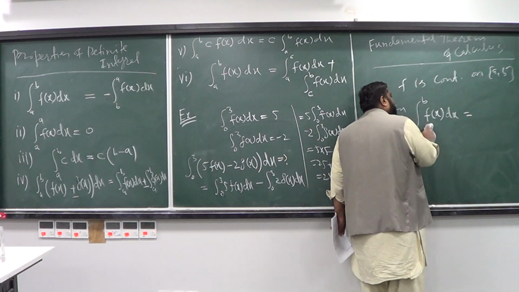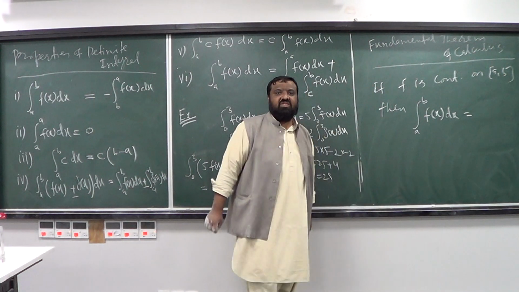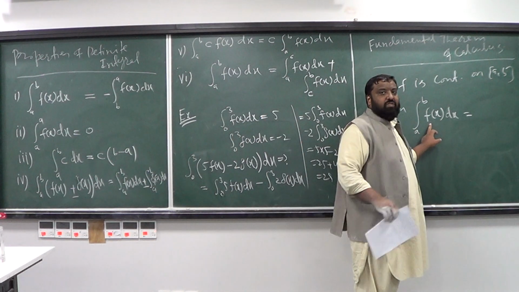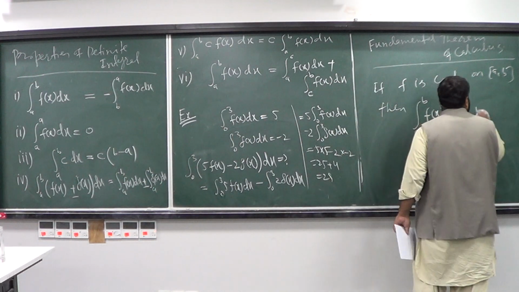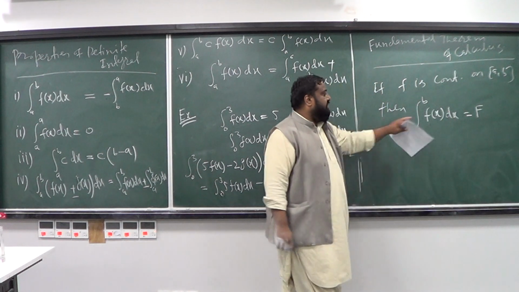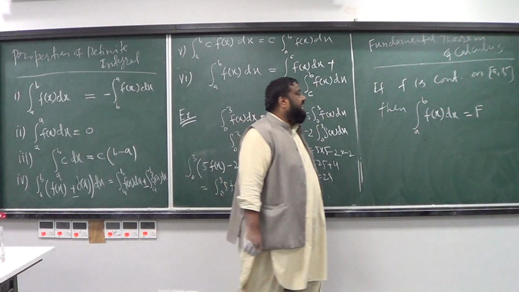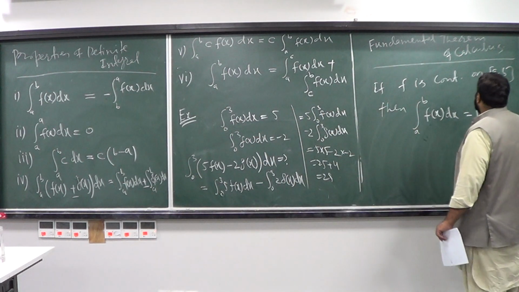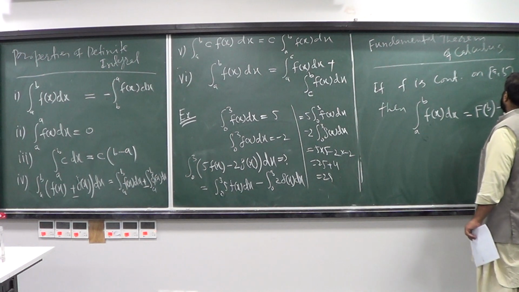Find the antiderivative of f. Say capital F is the antiderivative of small f, and then evaluate this antiderivative at the upper limit first minus the lower limit.